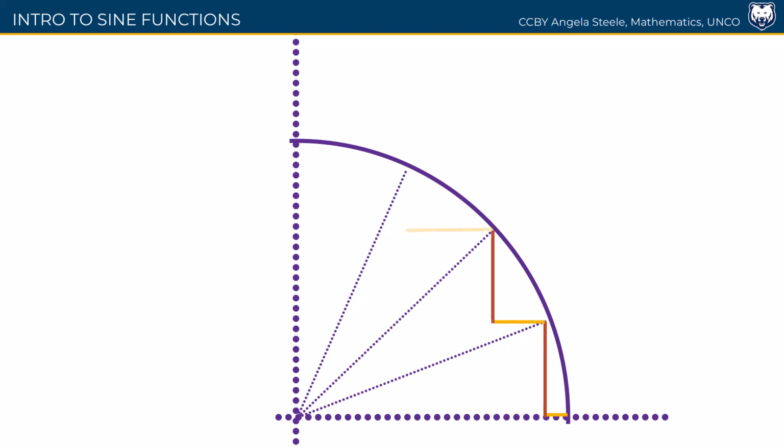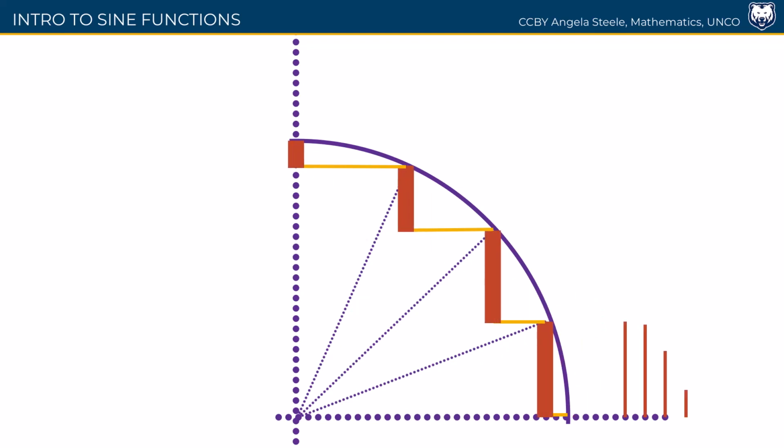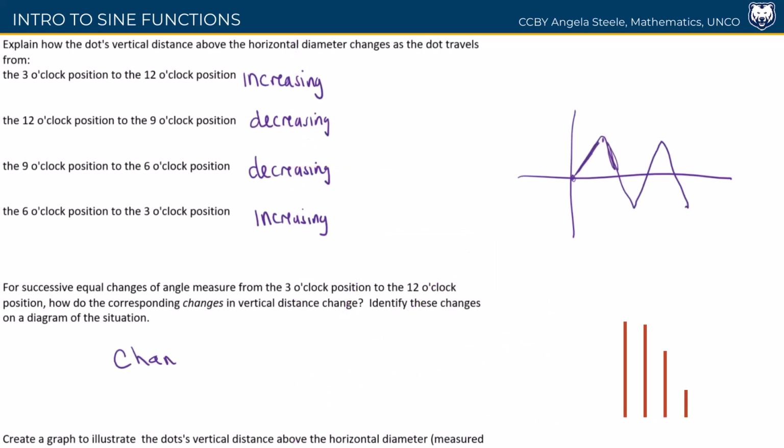And so if we look at those vertical lines, we can see that those vertical lines are getting smaller, which means that they are decreasing. And so if the changes are decreasing, so let's write this down. So if the changes are decreasing, that means it is going to be concave down.